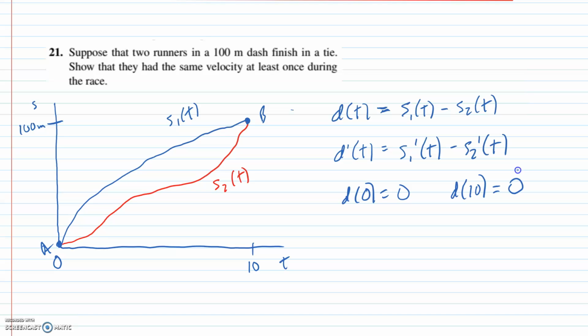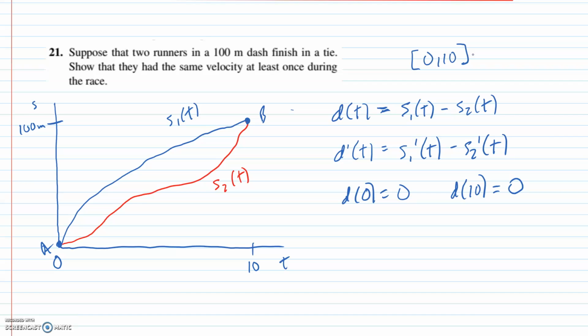They're both 100 meters from the starting line, so the difference in their positions is going to equal 0. Now, again, since I'm calling this a 10-second race, I'm going to be confining this discussion onto the closed interval from 0 to 10, where this represents time.